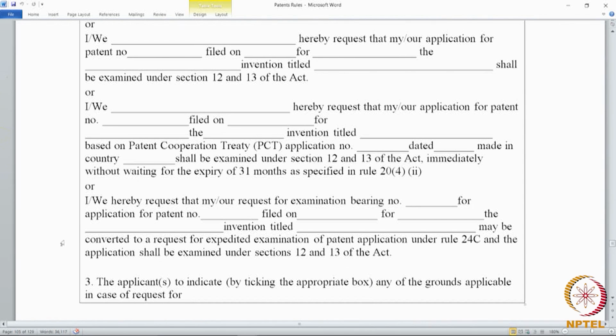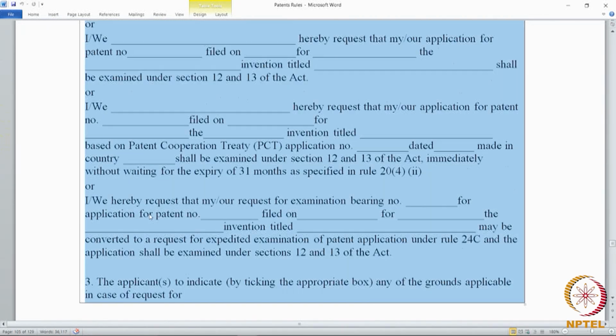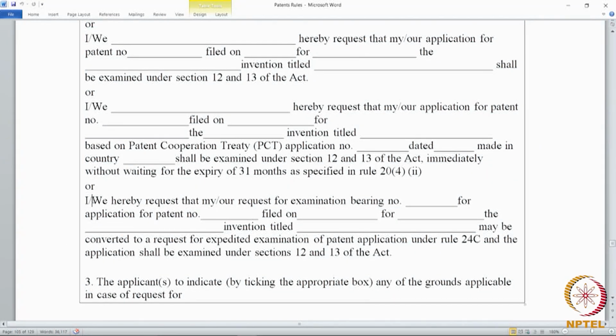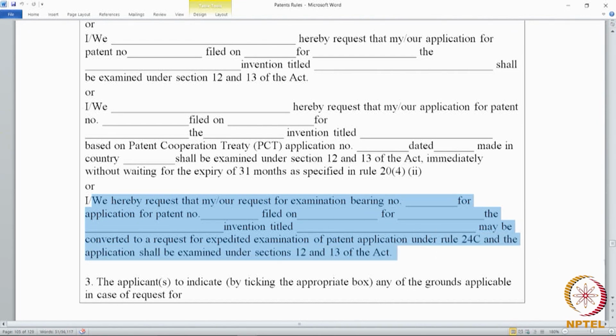Now, in clause 2, you will find that there is this statement where the applicant makes the request for examination bearing application for a patent number, filed on, these numbers have to be filled by the applicant, may be converted to a request for expedited examination of the patent application under Rule 24C.